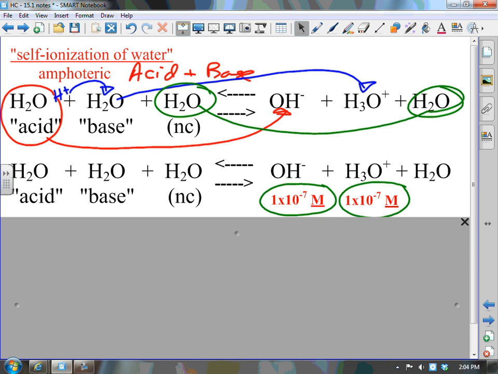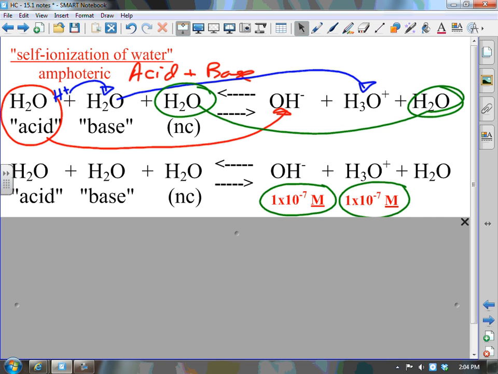That molarity is small, 1 times 10 to the minus 7. Extremely small concentration, probably one of the smallest ones we've seen at any point in time. This leads into how we're going to talk about the calculations for pH.